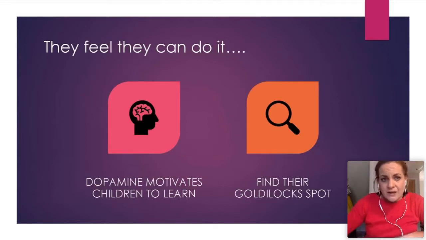Now, dopamine actually motivates children to learn. It increases that motivation. And dopamine in the brain is only released when learners are comfortable. If you've put them too far out of their Goldilocks spot, too far out of their comfort zone, you're not going to get that dopamine release.